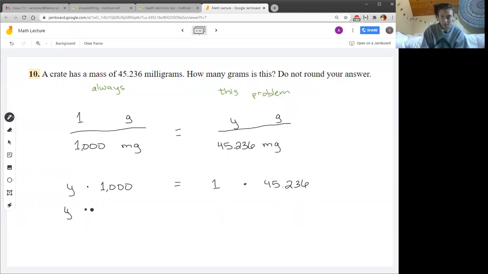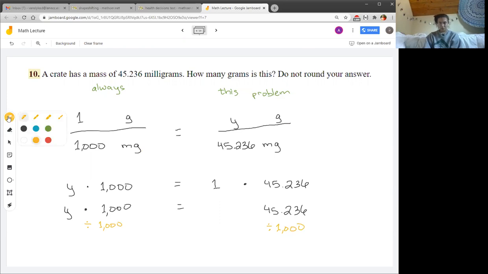I'm writing more than you would need to if you were actually doing it this way. I have something stuck onto y with times 1,000, so the opposite will be divided by 1,000. And if I do it to one side, I have to do it to the other. And just like we learned with the amortization table, if we're multiplying by 10 or 100 or 1,000, we scoot to the right.